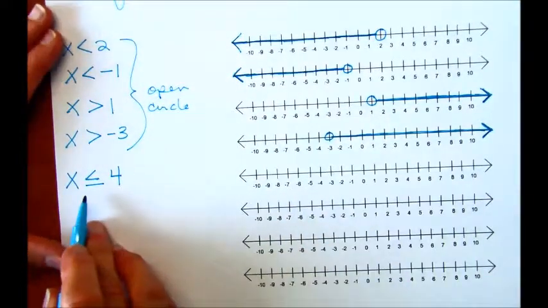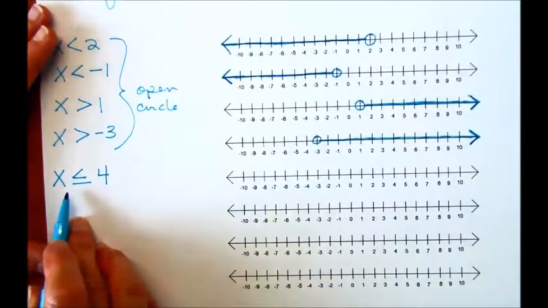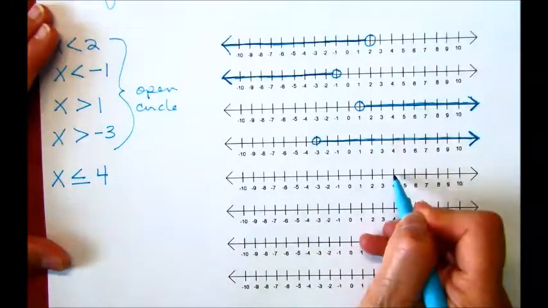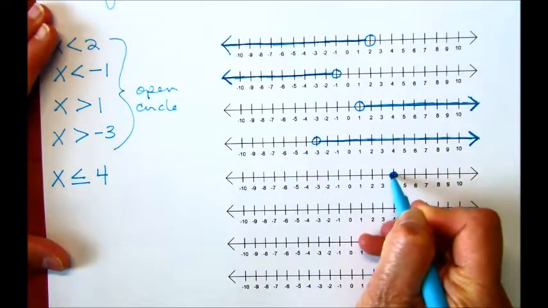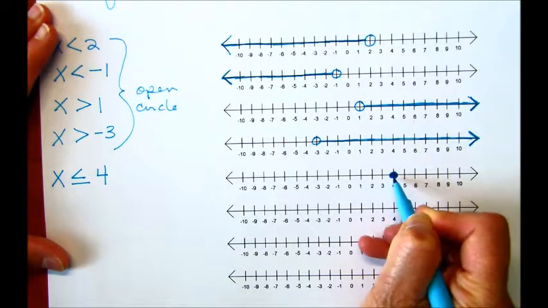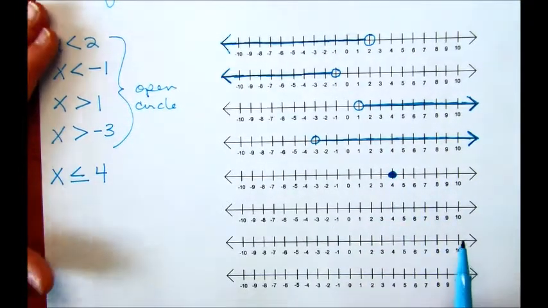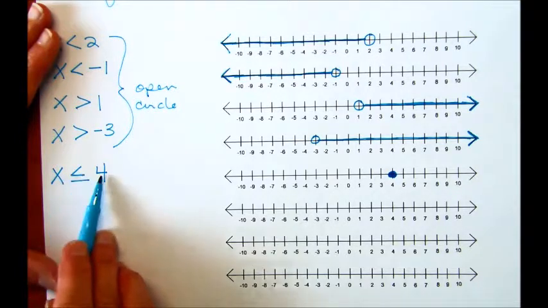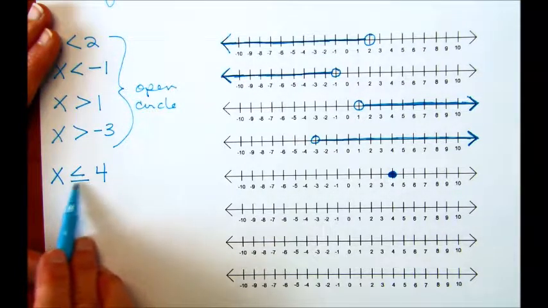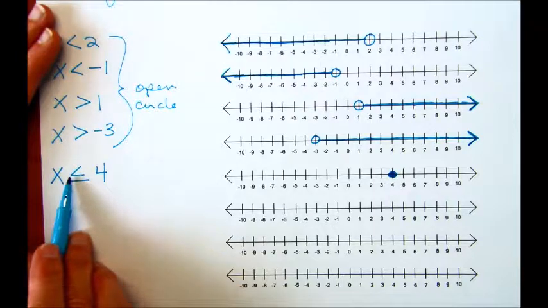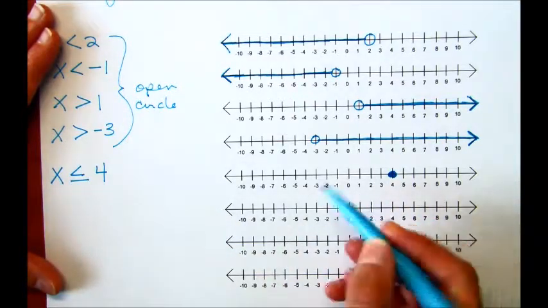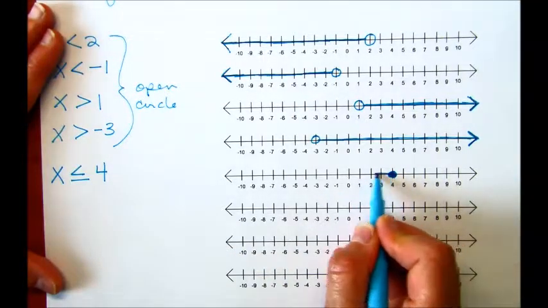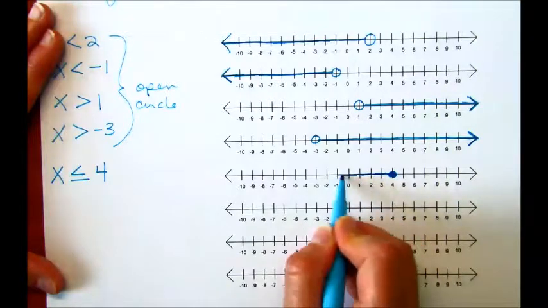Instead we're going to have a closed circle. So first let's find positive 4. We're going to make a circle, but we're going to fill it in. It's a closed circle. Okay, now x is less than 4. We just took care of the equals by coloring it in. Now it's less than 4. So I'm going to go in this direction to the left towards infinity on the negative side.